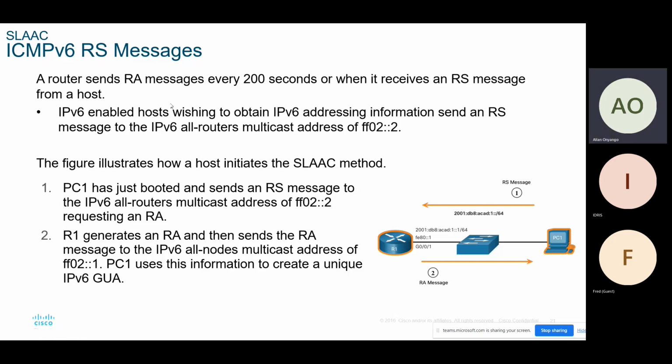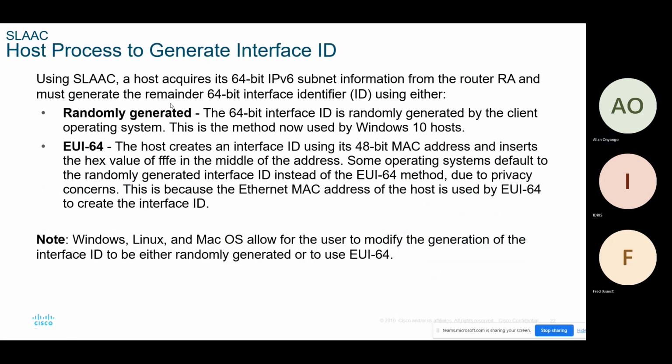Now, you know that an IPv6 address is 128 bits. Normally, what the PC gets from the RA message is the first 64 bits of that address.